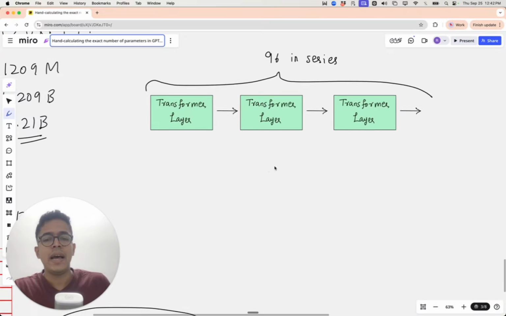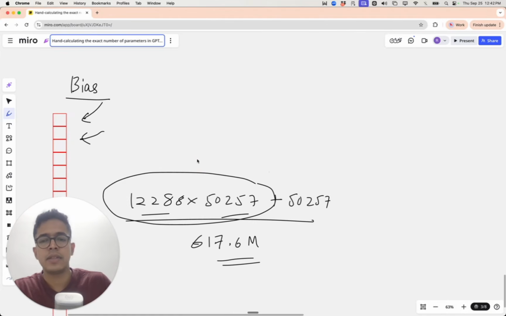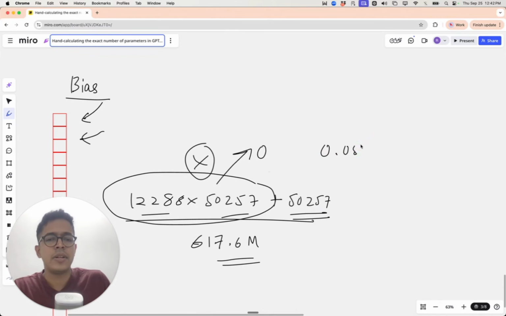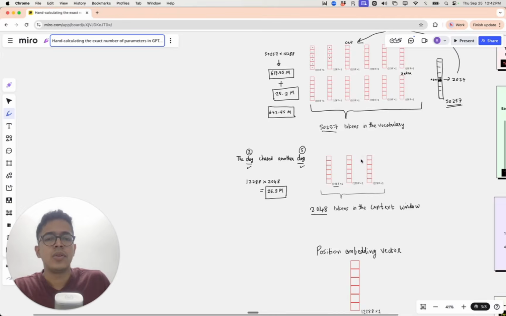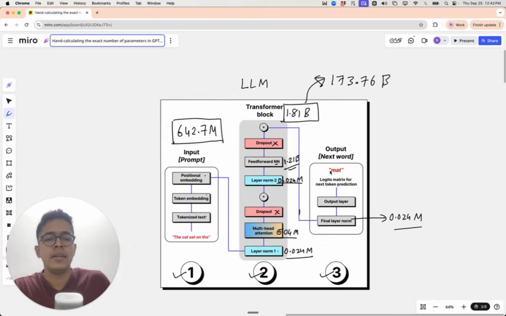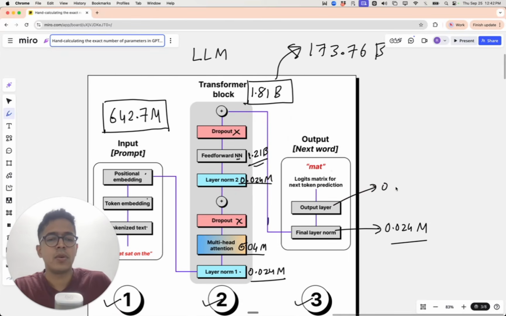So this does not exist in GPT-3, so this number is 0. But you will have a bias of 50,257 parameters, which is 0.05 million. So the total number of parameters in the output part is 0.05 million. That's all the number of parameters.